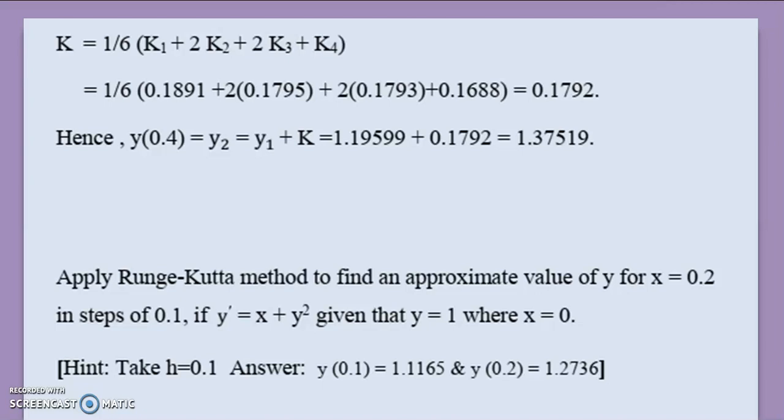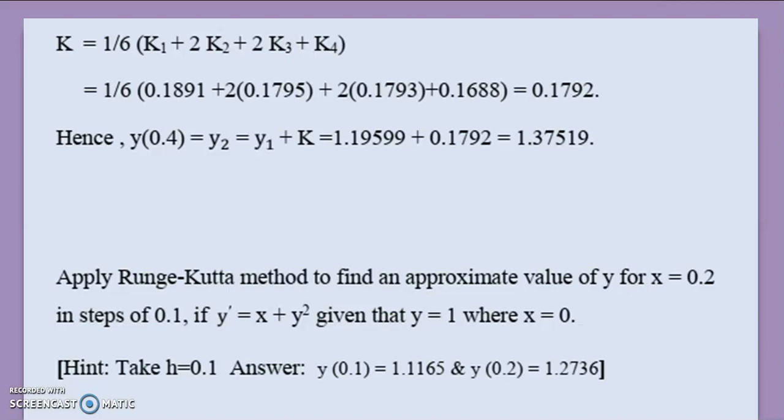That's why we call k an increment. We are adding k to y1, right? So 1.19599 plus 0.1792. The answer becomes 1.37519.